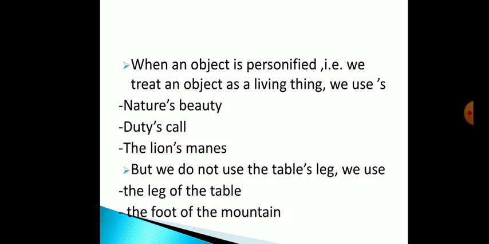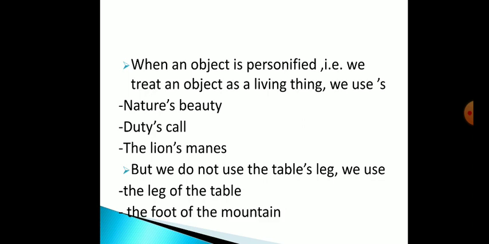Next, duty's call. Here we know that duty is also a non-living thing, but when we have to perform a duty, it is known as personified. The lion's mess.